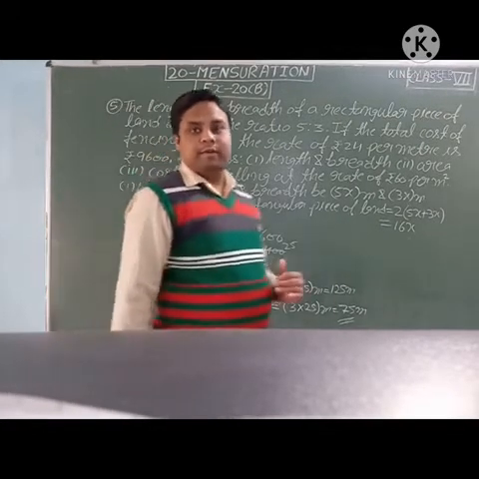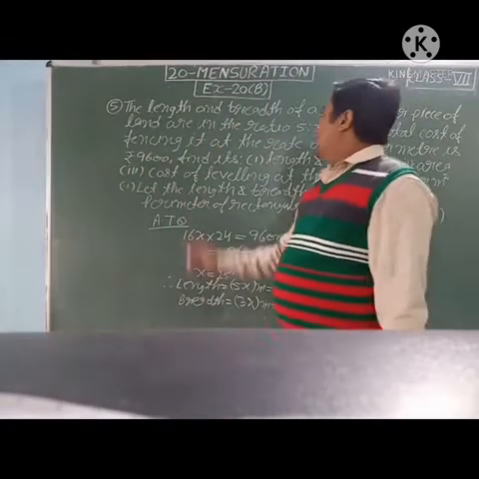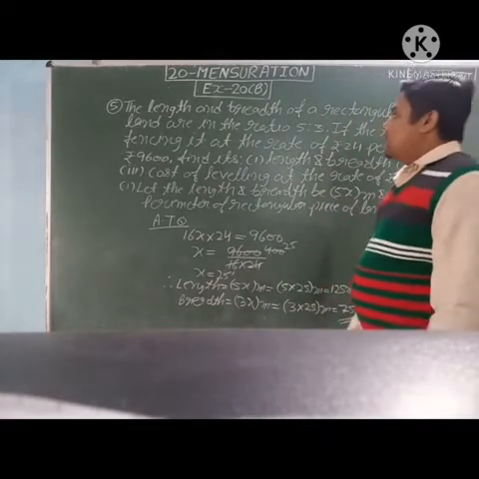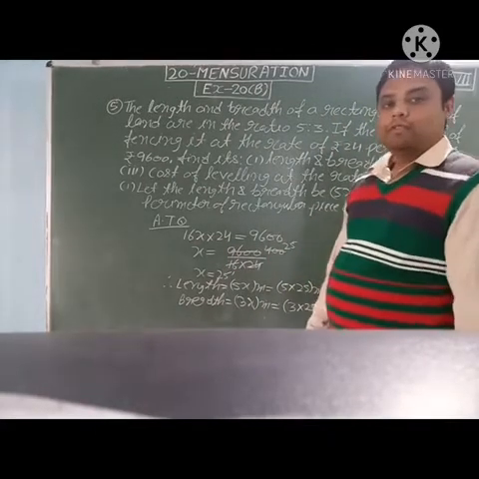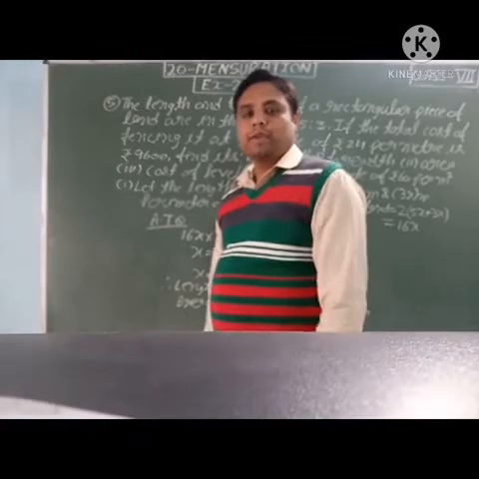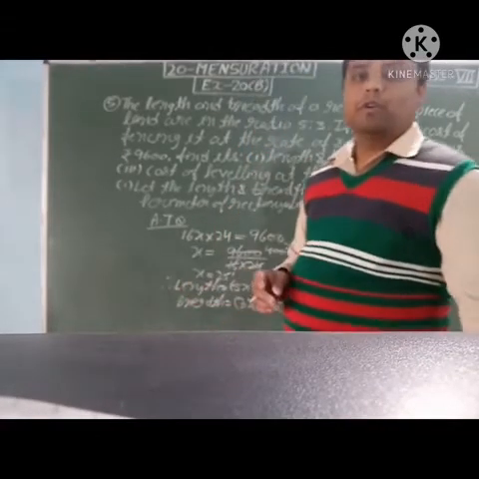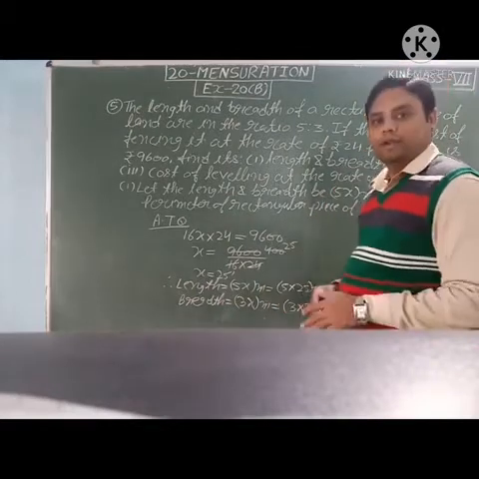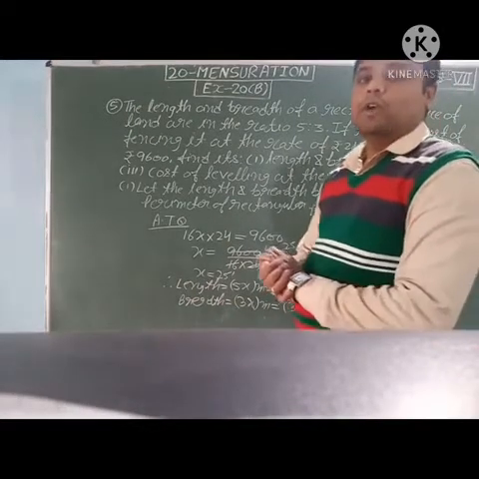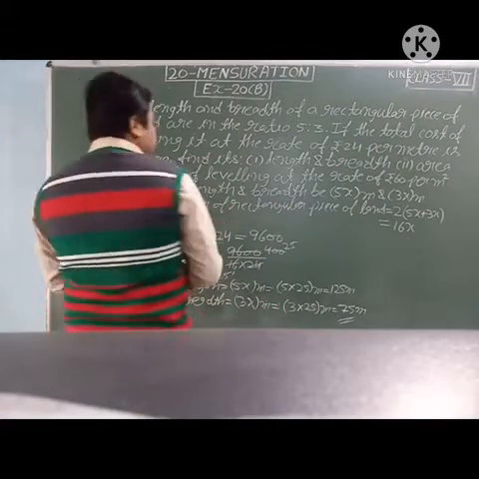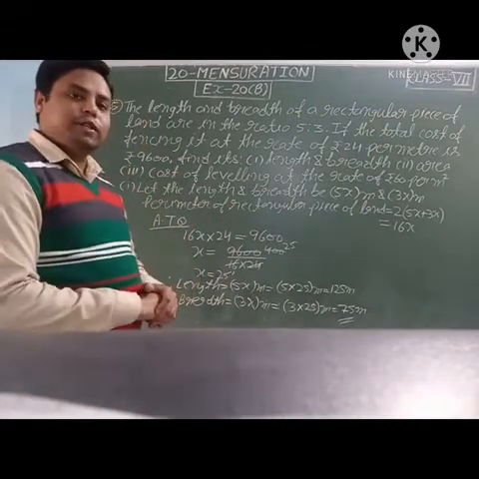Listen again. Students, the length and breadth of a rectangular piece of land are given in the ratio 5:3, and the cost of fencing per meter is given and the total cost of fencing is also given. So we will find the length and breadth in the first part.